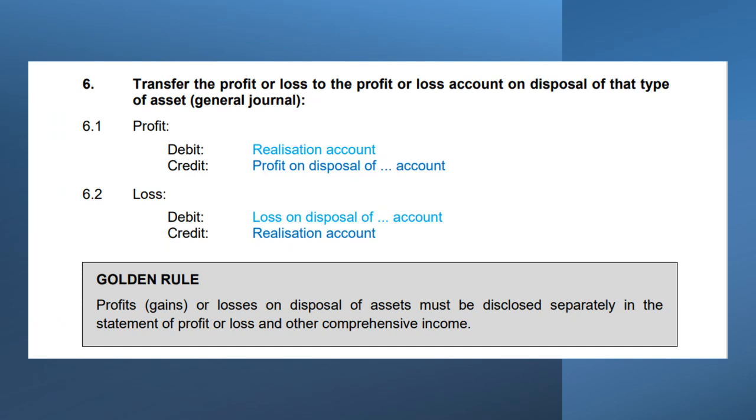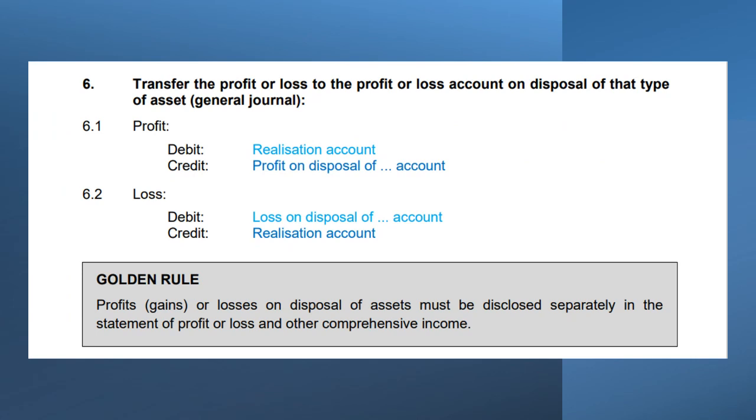Remember that when you do your income statement, all the items that appear in your income statement, or in your statement of comprehensive income or profit or loss, so we're talking about income and expenses, we close them off.